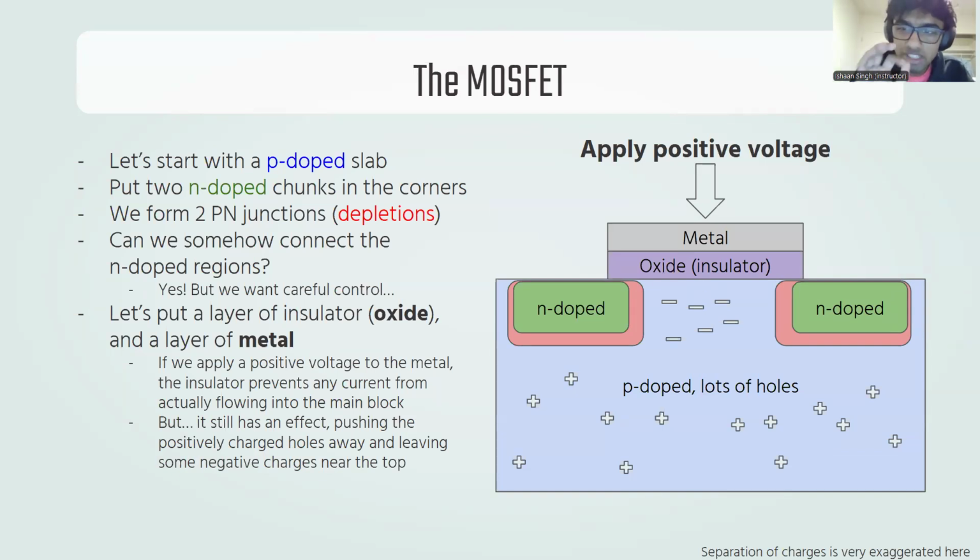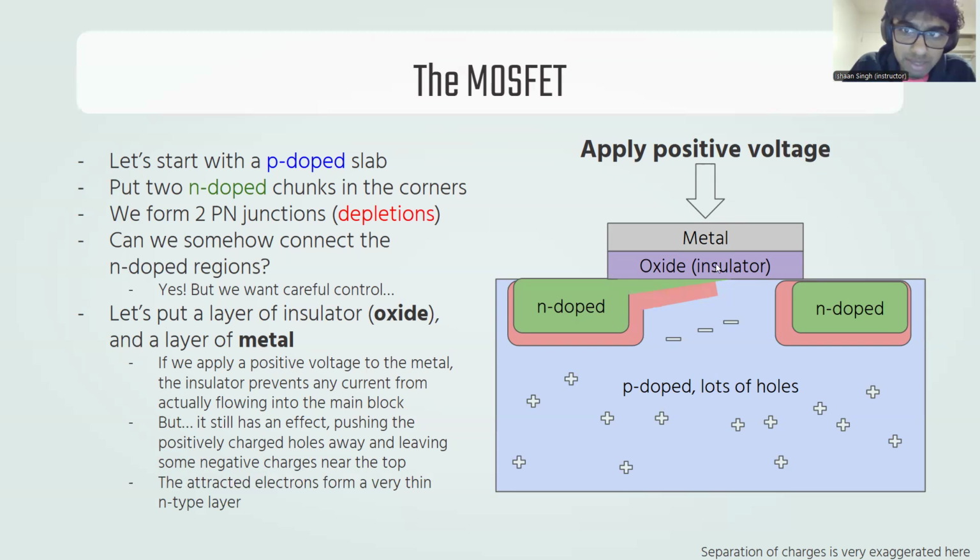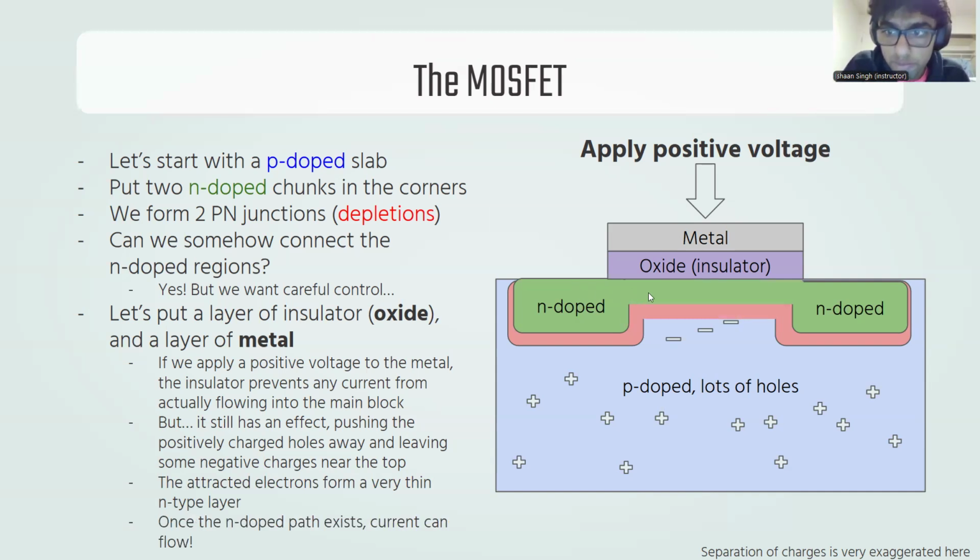So it's a very, very small number of negative charges that, as we apply more and more voltage up here, invert because they all accumulate to form what looks like an n-doped layer. And even though it's still p-doped, the negative charges have accumulated to make it look n-doped. So it's inversion of the layer. And as we apply even more positive voltage up there, we form a proper channel for these electrons to flow in, okay?